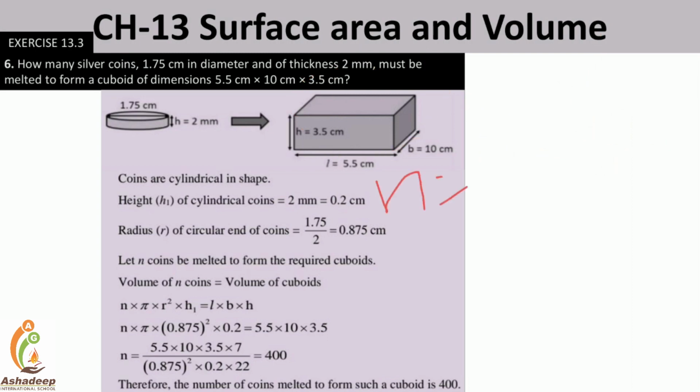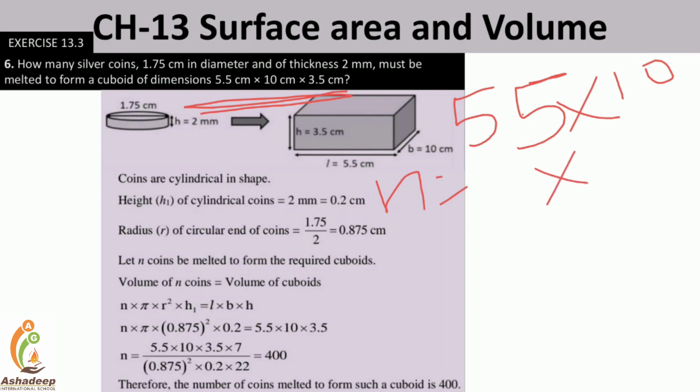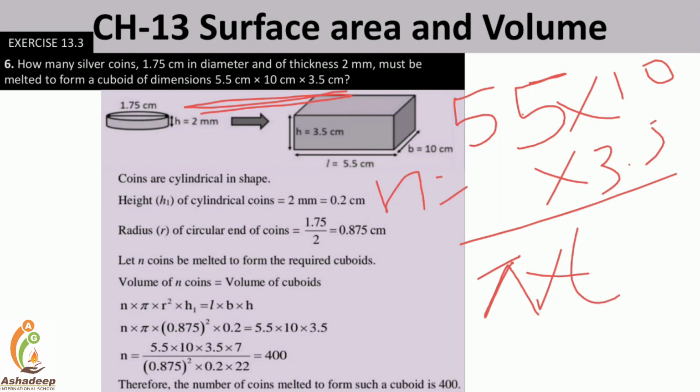So n is equal to the cuboid, which is this dimension, 5.5 into 10 into 3.5, divided by the cylinder, so it is pi into r square, so 1.75 divided by 2 whole square, into what is the h?